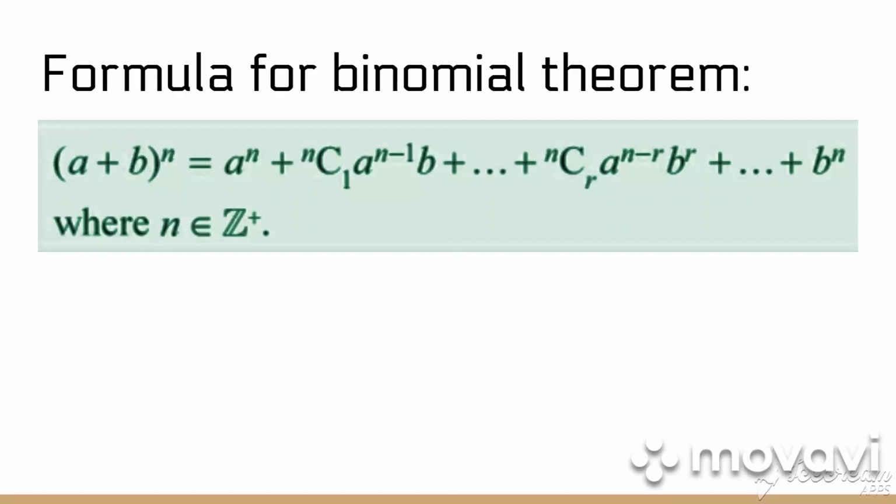The combination coefficient changes, but in every next term a is a power less and b is a power more than in the previous term, and it goes until it becomes b to the power of n.